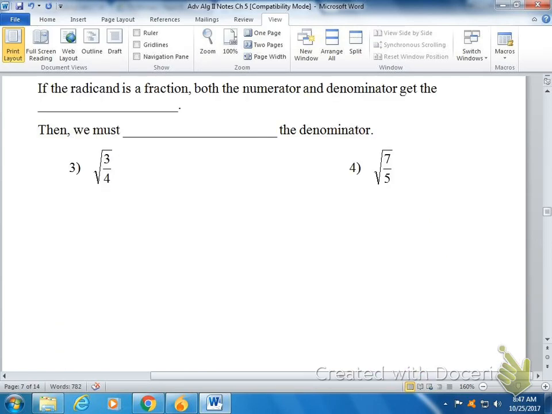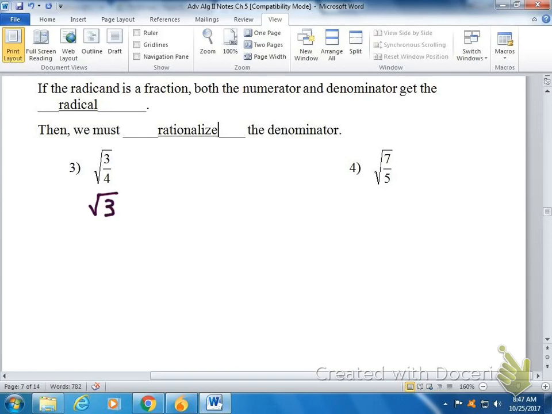There's something special where if the radicand is a fraction, both the numerator and the denominator can get the radical symbol. Then there's something called rationalizing the denominator. It's going to look like the following.